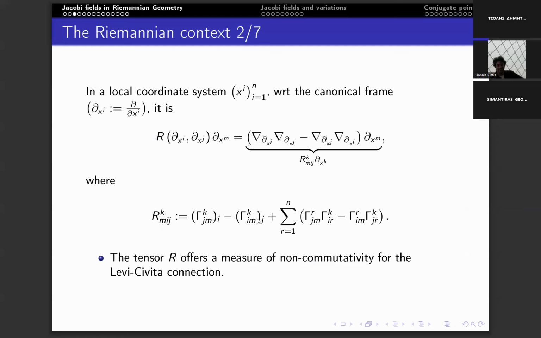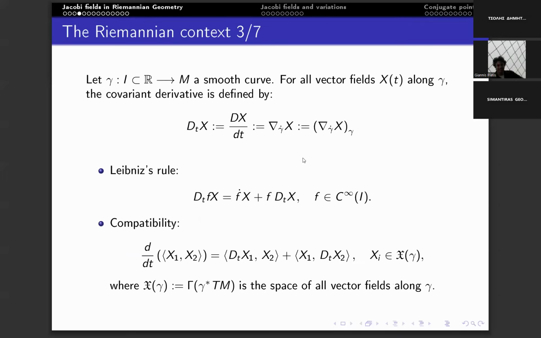We can see the connection between them and the Christoffel symbols, and also the derivatives with respect to x_i and x_j of the Christoffel symbols. And by this formula, we can see that the Riemann curvature tensor offers a measure of non-commutativity for the Levi-Civita connection.